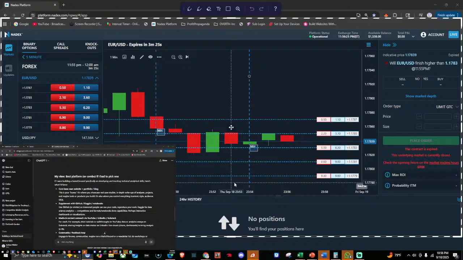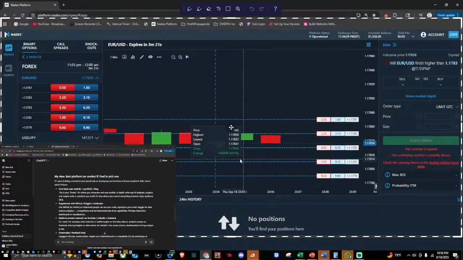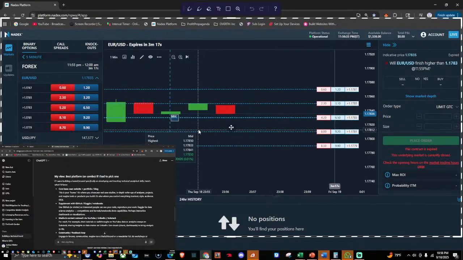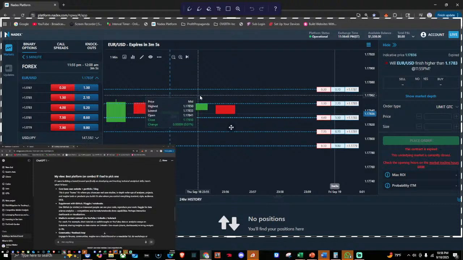So the good news about this one is that we are within one zone. Let's see if we stay in one zone. Even though this one was right on the line into the next zone.